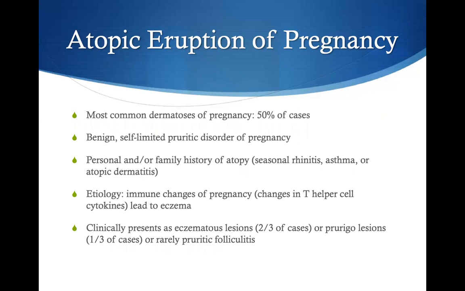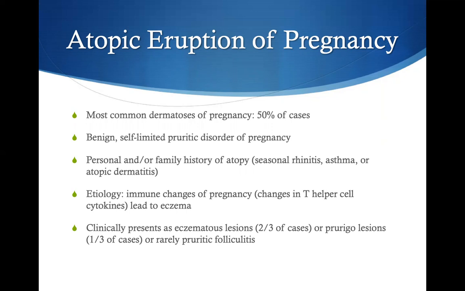The etiology is thought to be related to immune changes of pregnancy, specifically changes in T helper cell cytokines, which lead to eczema. When you look at these cases, about 2/3 of them fall into the category of eczema and a third prurigo. So sort of a large scaly plaque versus a papule, an itchy bump.